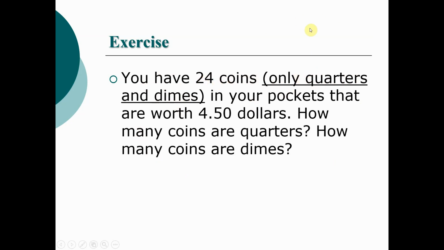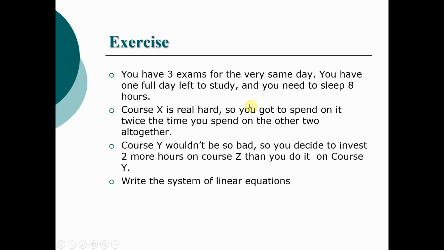That's one equation, right? And we know that they are worth $4.5. So q times 0.5 plus d times 0.1 is equal to 4.5. So 2 equations, 2 unknowns, and you find q and d.